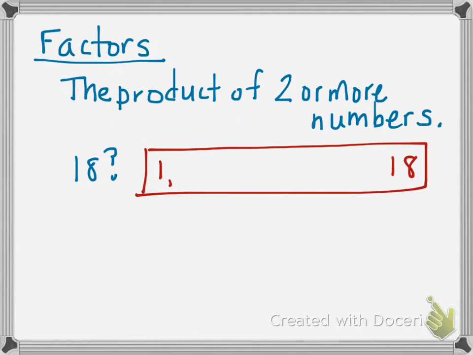So 1 times 18. Our next step would be to go through 2. Does 2 work? 2 times 9. Okay. Does 3 work? Yep. 3 times 6. And then what you have in between 3 and 6 is 4 and 5. Neither of those work, so you know you're done. You haven't missed any. So when it asks how many factors does 18 have?